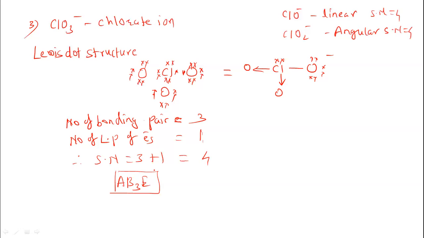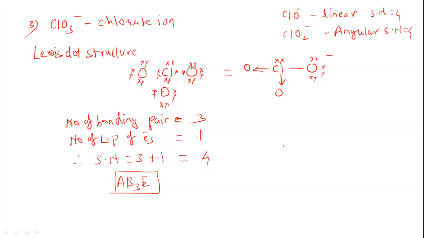So in chlorate ion, there are 3 bonding pairs and 1 lone pair. Steric number 4 suggests that the probable geometry is tetrahedral. But on the basis of VSEPR theory, the 1 lone pair is directed towards one of the corners of the tetrahedron.